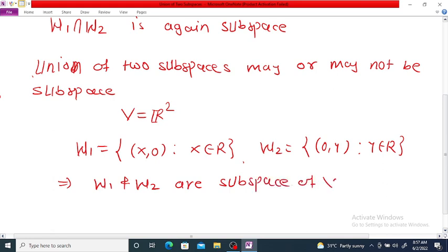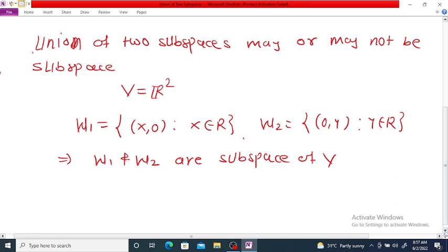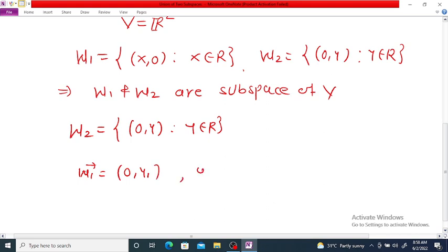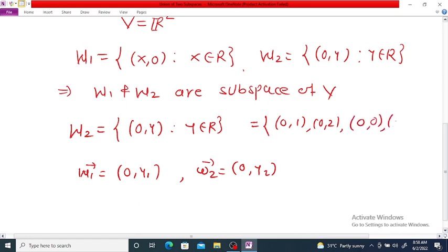of V. Why? I am going to show here that W2 is a subspace. W2 is the collection of all (0,y) where y belongs to R, a real number. Take vectors W1 bar equal to (0,y1) and W2 bar equal to (0,y2). Any element of W2 has x coordinate 0.